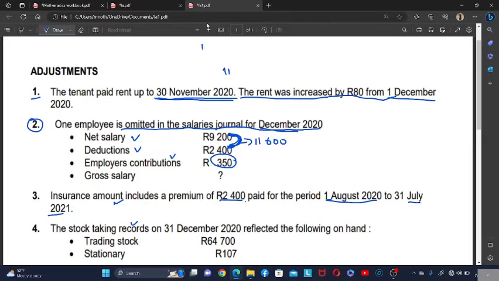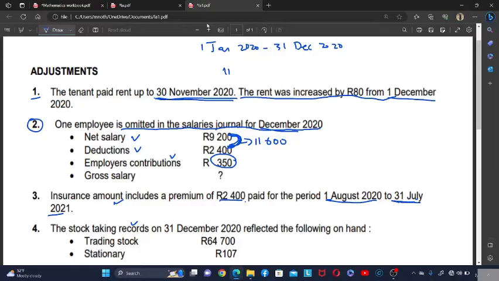Now, our year starts on 1 January 2020 and it ends on 31 December 2020. But this insurance was paid up until 31 July 2021. So this means that this is no longer in our financial year. And we know that expenses must be recorded in the year that they belong in.